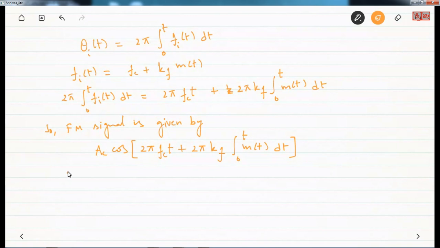And what is our PM signal? PM signal is Ac cos 2 pi fct plus kp m of t.